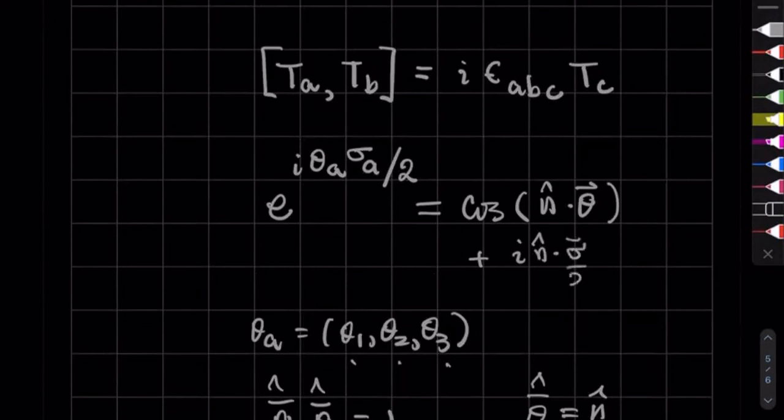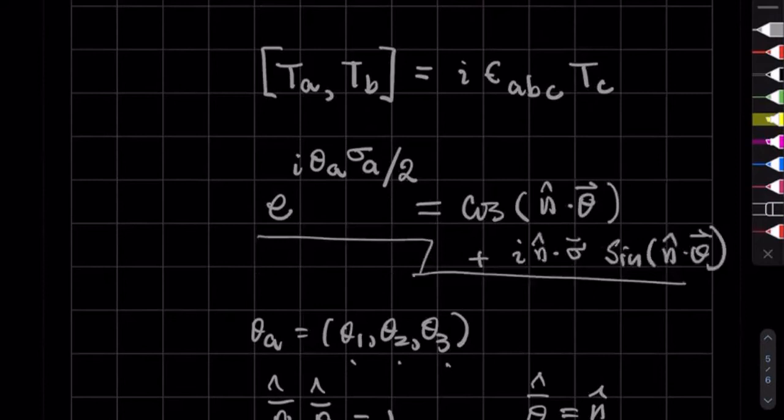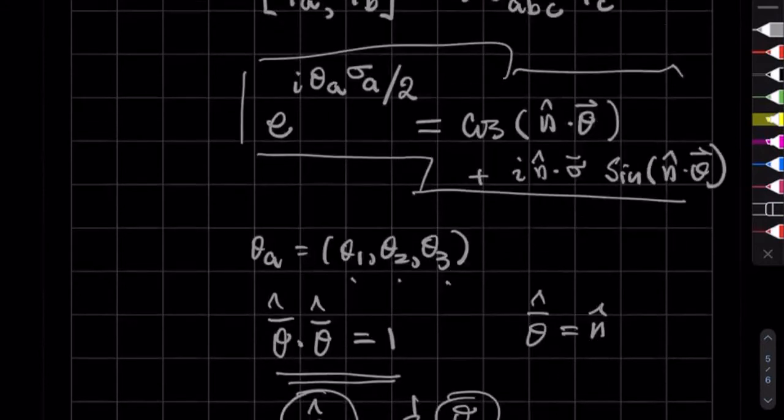There could be a half or there couldn't be a half. I don't think there is a half. And then sine of n dot theta. There could be some slight mistakes in expressing that, but what I'm trying to say is that there is a generalization of the Euler formula for the exponential of the Pauli matrices.